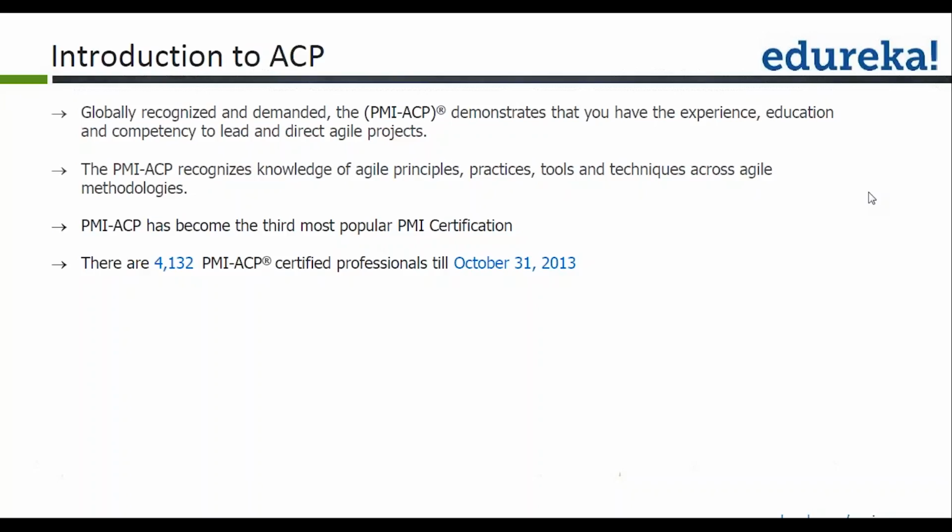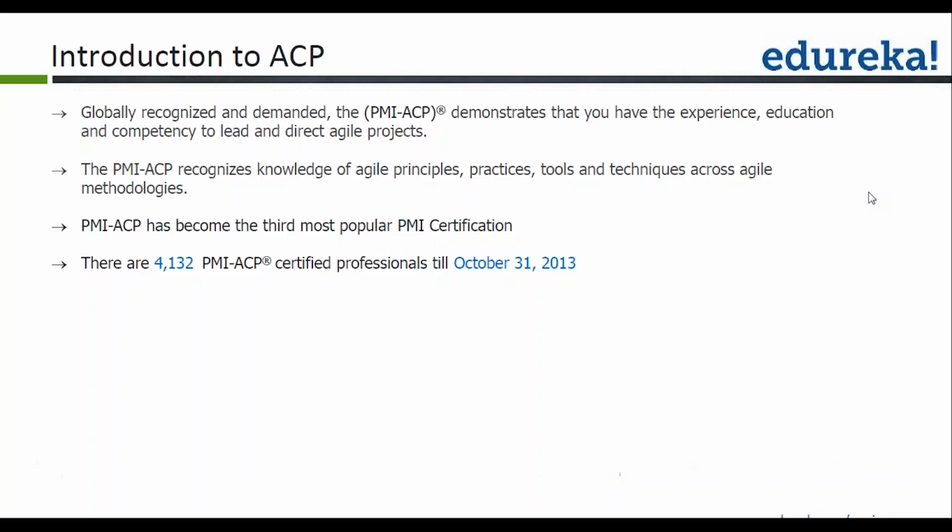And over a period of time, this has become the third most popular PMI certification. PMI has a whole lot of certifications like Project Management Professional, Program Management Professional, Scheduling Professional, Risk Management Professional and Business Analysis Professional.